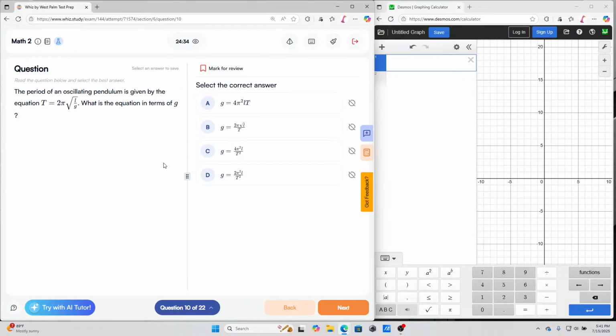The period of an oscillating pendulum is given by that. What's the equation in terms of g? So we're solving for g.